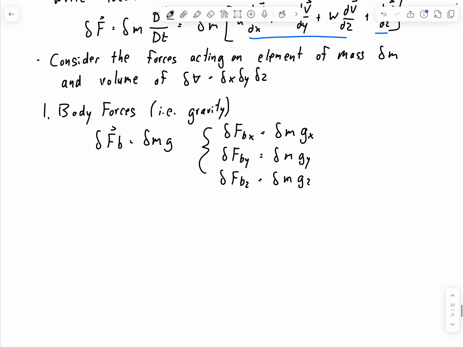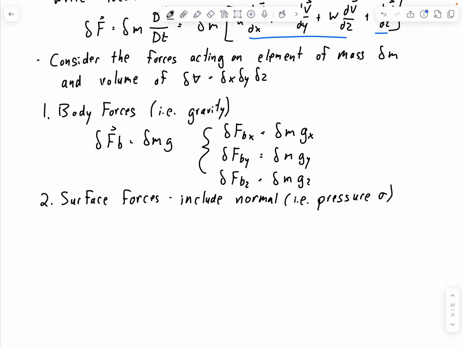The other type of forces that may act on our little element are surface forces. Surface forces can include two different types of forces. This can include normal forces, and the normal forces that we'll have here are pressure.